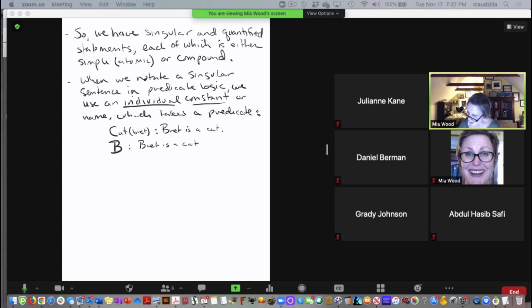Then when we've got the notation for quantifier logic, we replace the name with a variable because we don't have a name. We're not specifying.